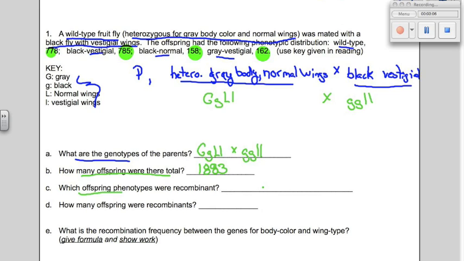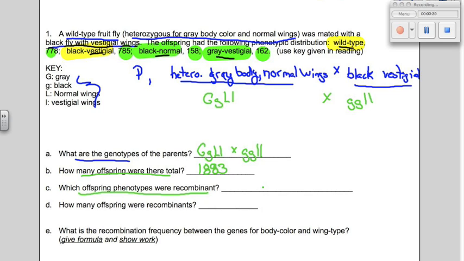The next question asks, which offspring's phenotypes are recombinant? Recall that recombinants do not look like their parents. So in this case, I have two parental phenotypes and two recombinant phenotypes. The wild type and the black vestigial are my parental phenotypes, and the black normal and the gray vestigial are my recombinant phenotypes because they do not look like either of their parents.